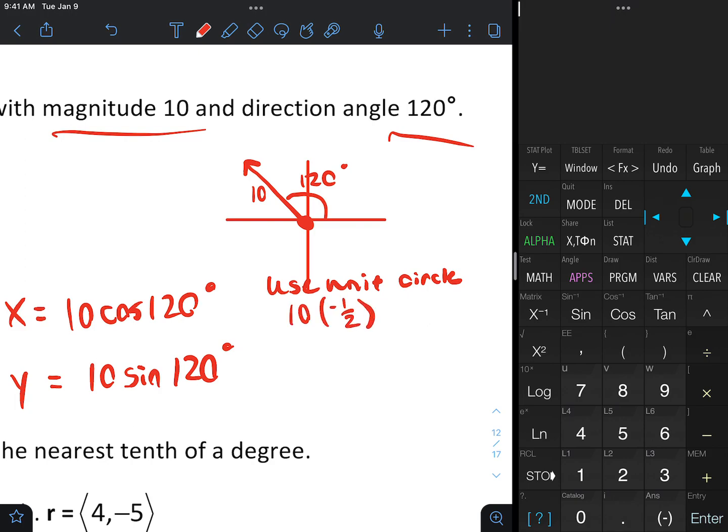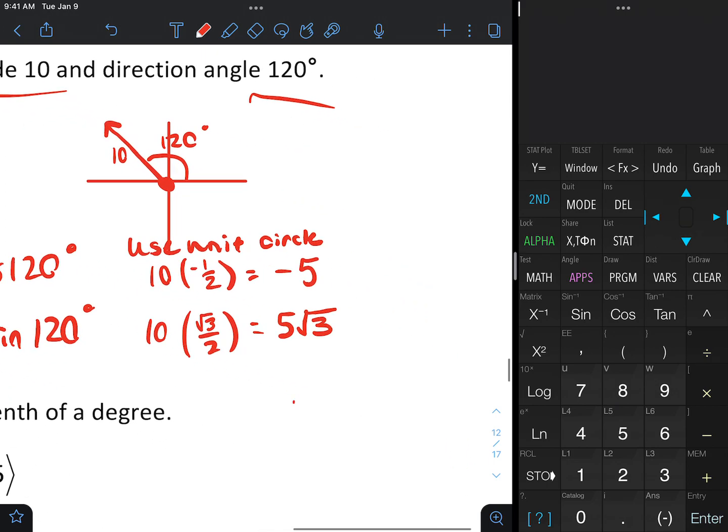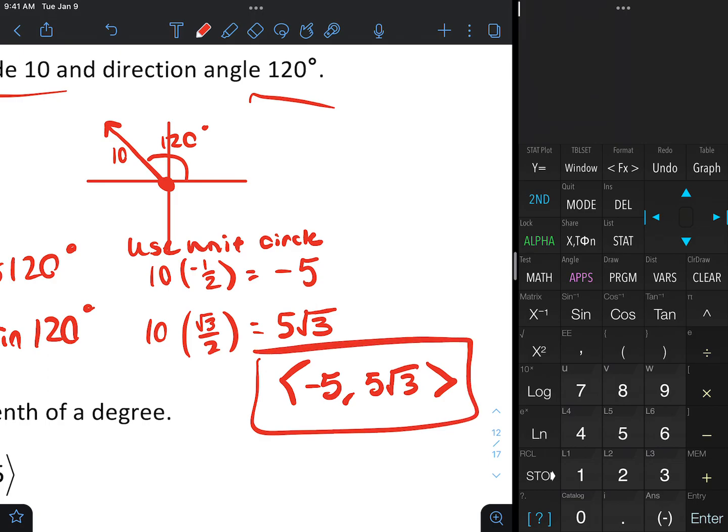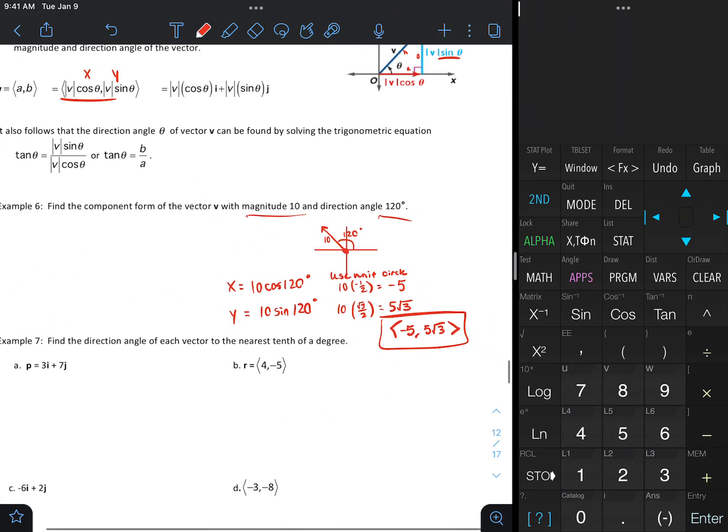So 10 times negative one half comes out to negative 5. For sine of 120, it's root 3 over 2, and 10 divided by 2 comes out to 5, so this will come out to 5 root 3. Then just put it together as your component form: negative 5, comma, 5 root 3. And that gets you your vector in component form.